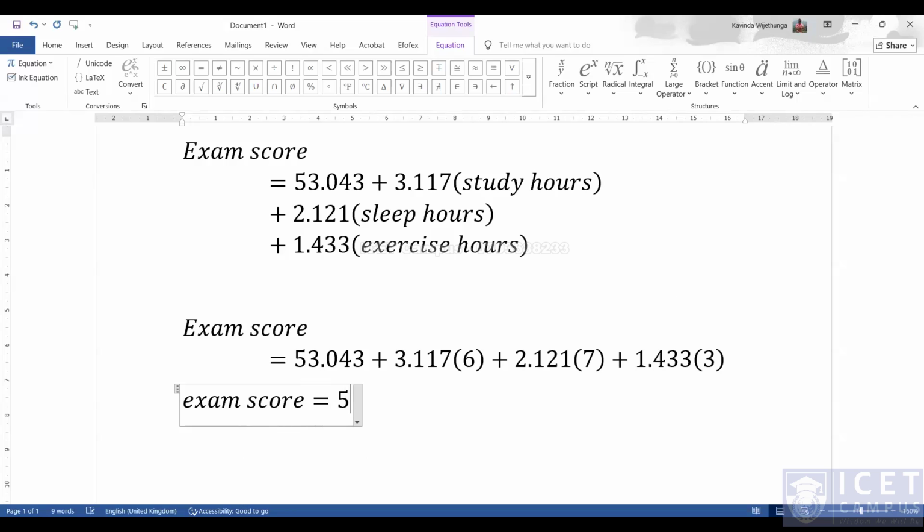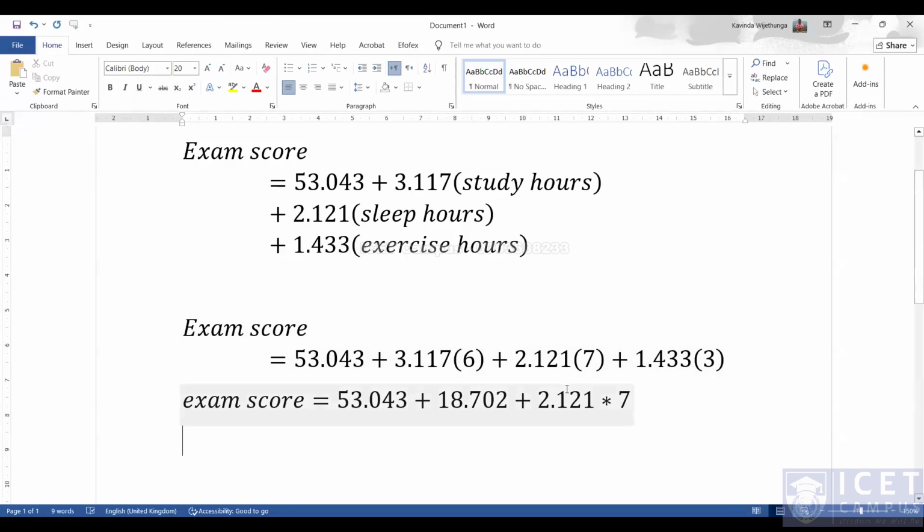53.053 plus 3.117 multiplied by 6, that is 18.702, plus the other one, 2.121 multiplied by 7.